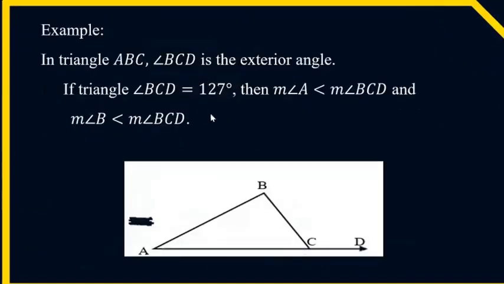Example number 1, in the given triangle ABC, angle BCD is the exterior angle. If angle BCD is equal to 127 degrees, then the measure of angle A is less than the measure of angle BCD, and the measure of angle B is less than the measure of angle BCD.